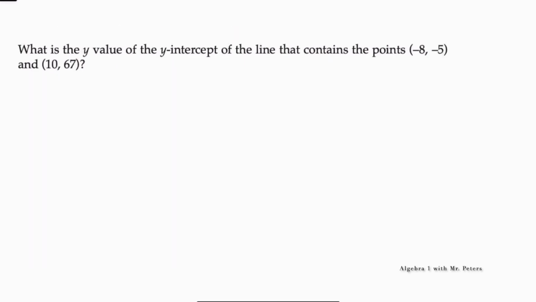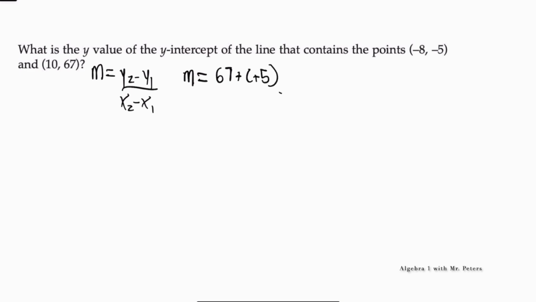So they're asking us, what is the y value of the intercept of the line that contains the 2 points? So for us to figure this out, the first thing we need to do is determine the slope, right? So m is equal to y2 minus y1 over x2 minus x1. So when I simplify further, m is equal to 67 minus negative 5, right?